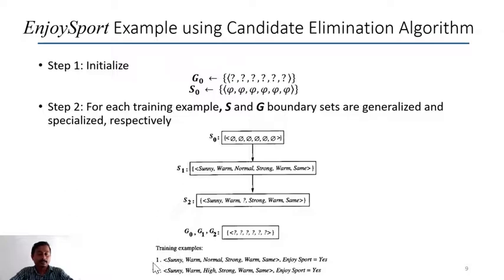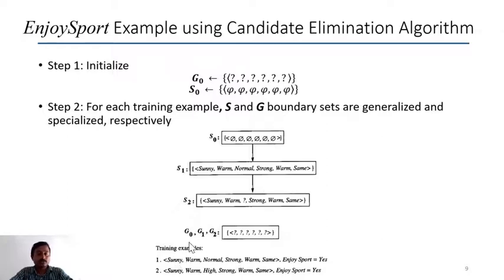First we will consider example 1. For this example, the specific boundary set is overly specific, so we have to make it more general to cover this example. So S0 will become S1 to cover training example 1. Now S1 is consistent with training example 1.